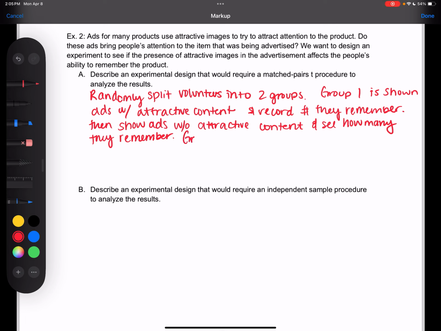Then with group 2, do it in reverse. Meaning show them the without and then show them with and see what they remember. So basically just flip the scenario around.